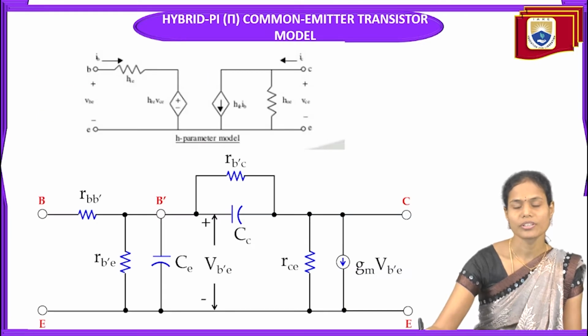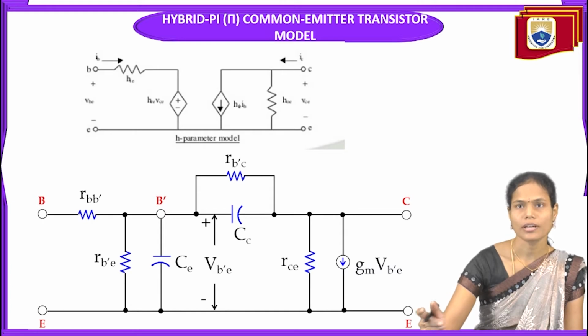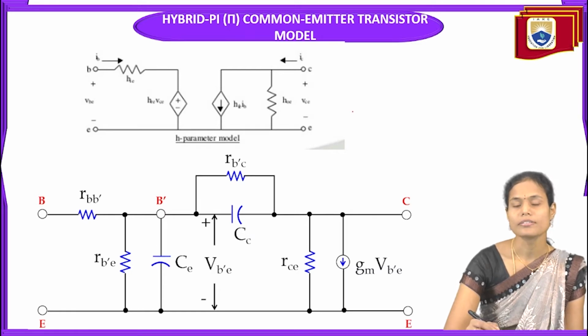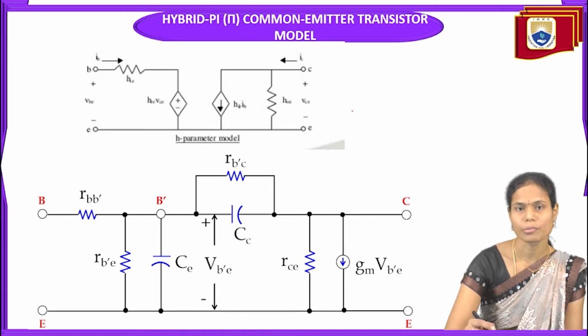Before going to the different capacitors in the hybrid pi model, I'll revise the hybrid pi model. Why are we moving to this hybrid pi model? We have the H parameter model, which is applicable for low frequency signals, and these H parameter values vary for different frequencies. Even if we take two similar transistors, we may get different H parameter values.